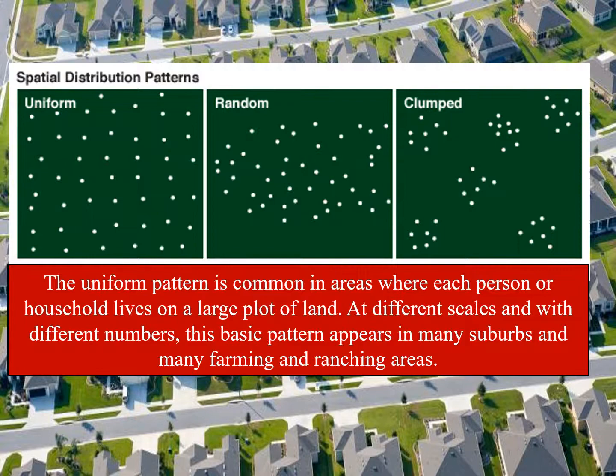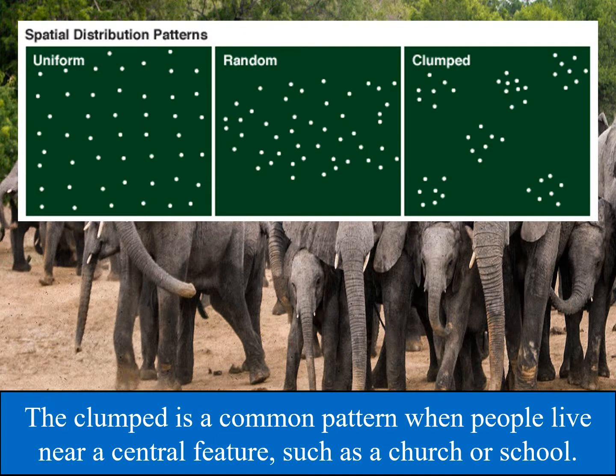The uniform pattern is common in areas where each person or household lives on a large plot of land. At different scales and with different numbers, this basic pattern appears in many suburbs and many farming and ranching areas. The clumped is a common pattern where people live near a central feature, such as a church or a school.